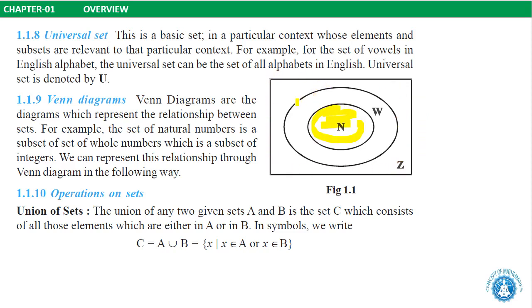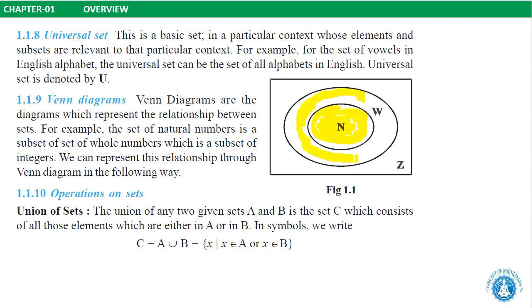In this context, our universal set is Z. Then N, capital N, represents natural numbers, which is a subset of whole numbers.